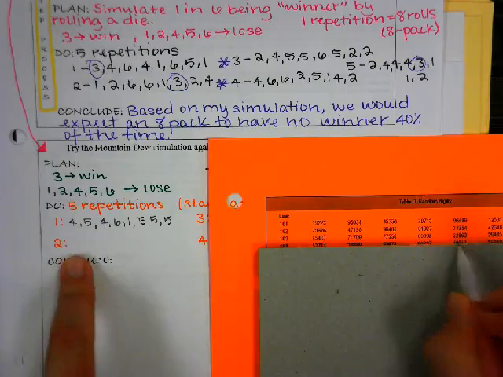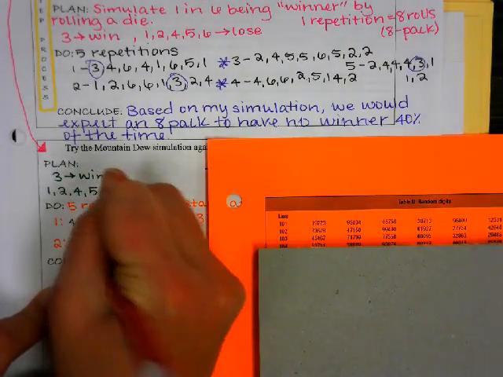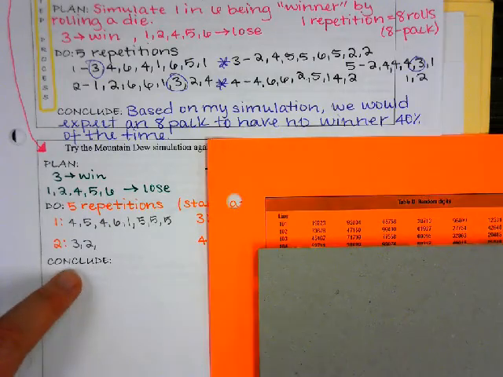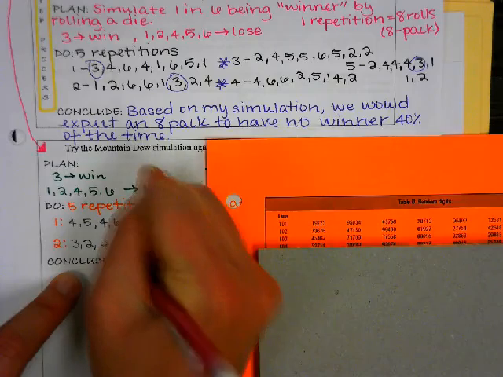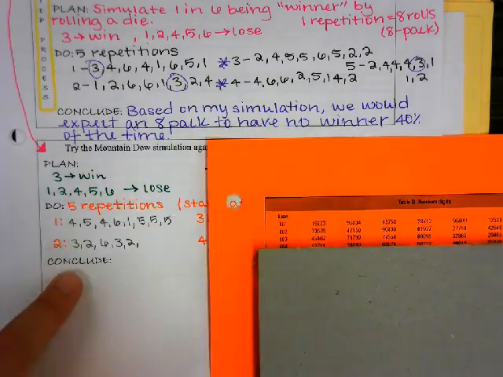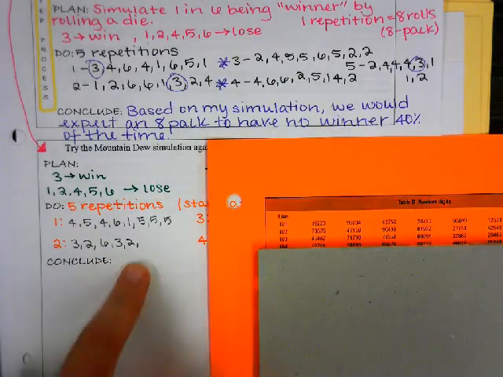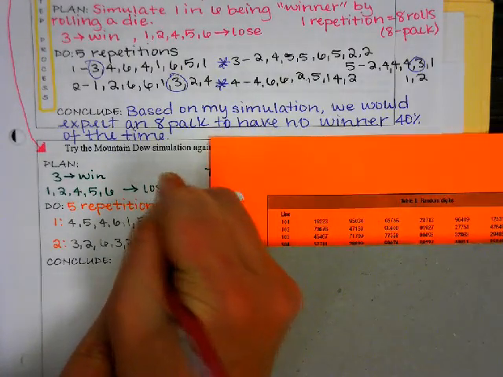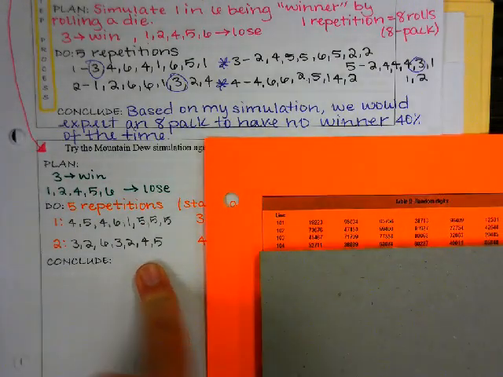So I have 3, 2. Then I have an 8, which I ignore. 6, 3, 2. Then I have 9, which I'm going to ignore. 4, 8, 5. That's 7 numbers. Then I have 8, 2.